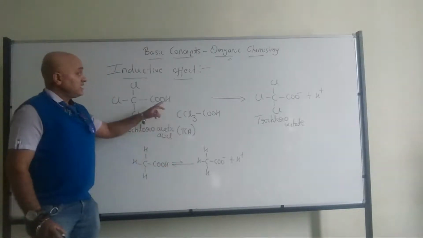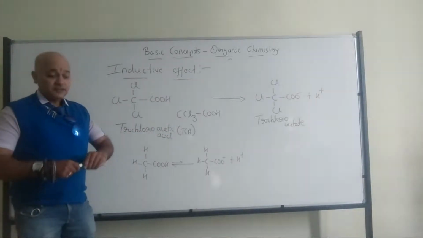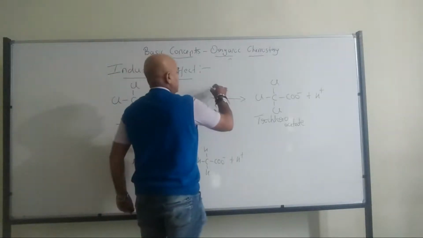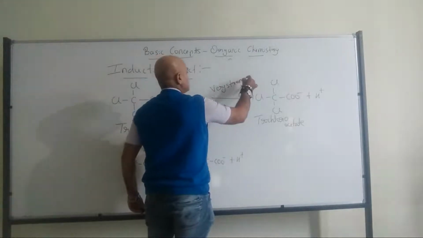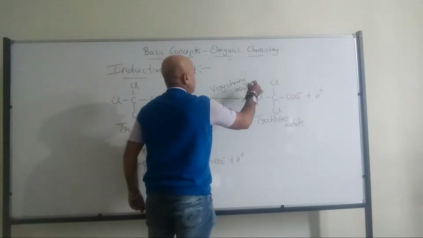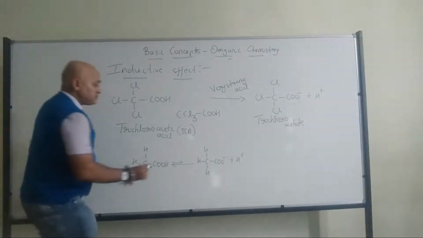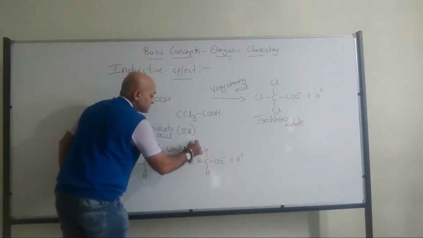That means the acetic acid derivative, trichloroacetic acid, will behave as a very strong acid. But when it comes to acetic acid, it will behave as a weak acid.